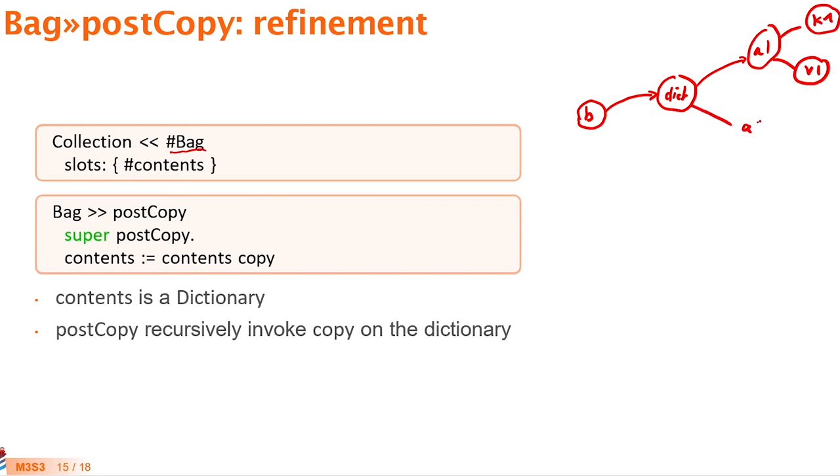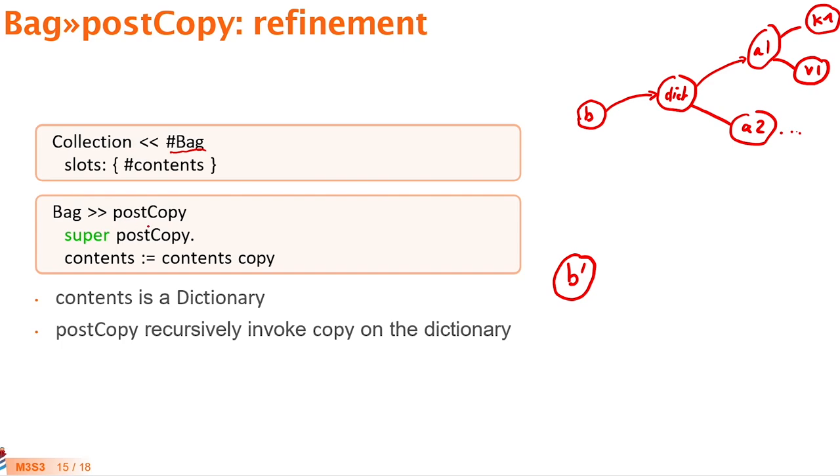It might have multiple associations, etc. If I want to duplicate this bag B with another bag, B prime, and I want to be able to insert new elements or remove existing elements from those two bags independently, I don't want to have too much sharing between them.